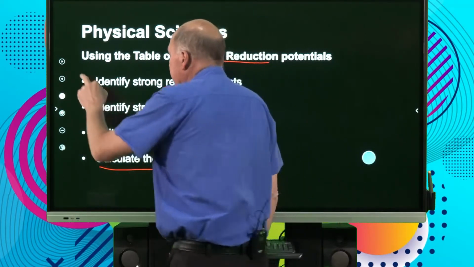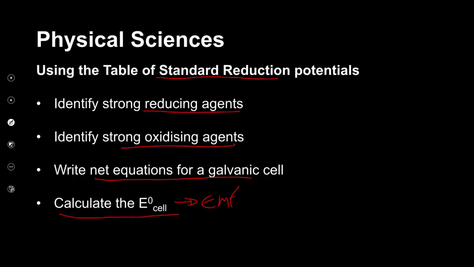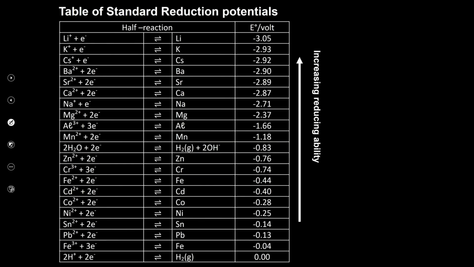So let's get in and have a look at the table and do some revision on the table so we are clear about it. You will notice that on the table, everything is written as a reduction reaction. So reading from left to right, magnesium plus 2 electrons gives you the magnesium metal. But notice, as I indicated previously, that it is a reversible reaction.